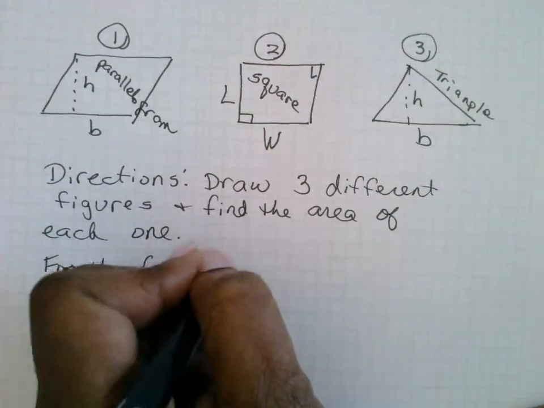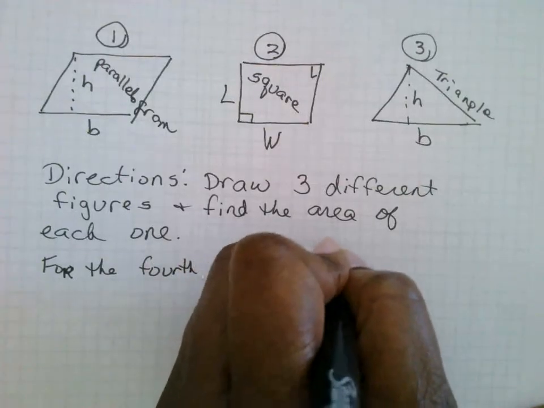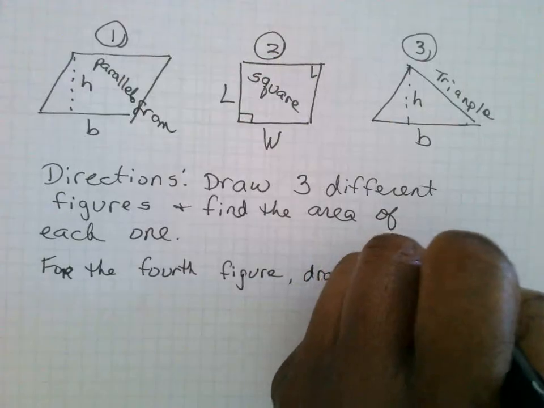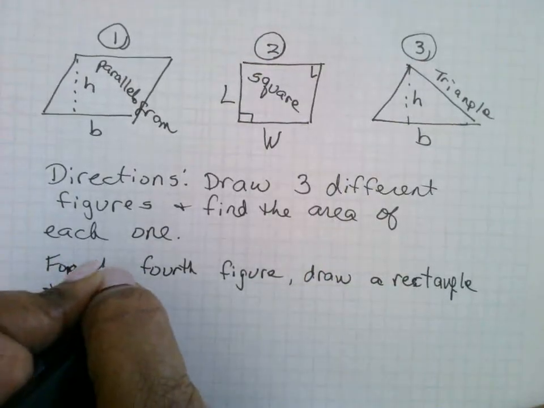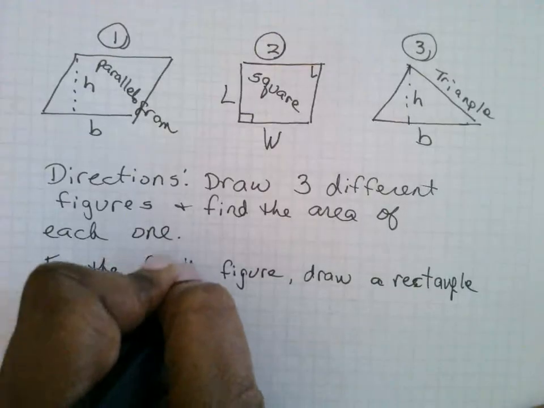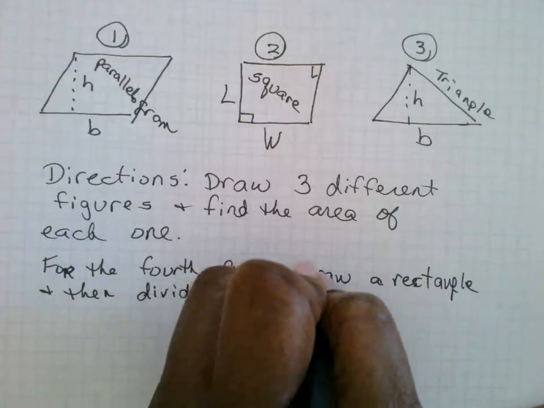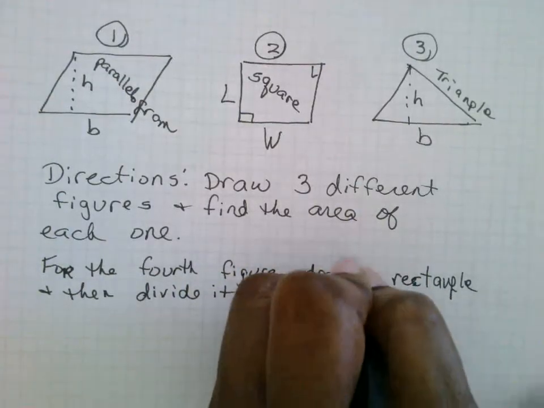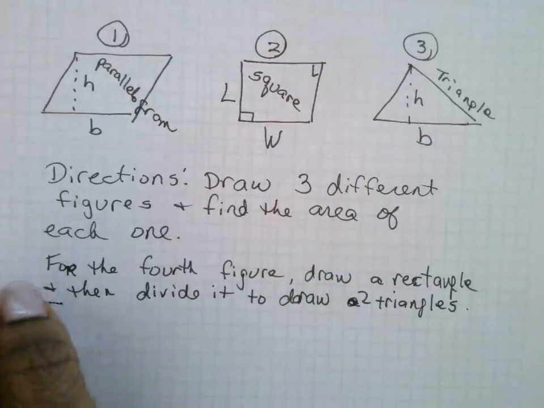For the fourth figure, you are going to draw a rectangle, and then divide it to draw 2 triangles like we did in that activity.